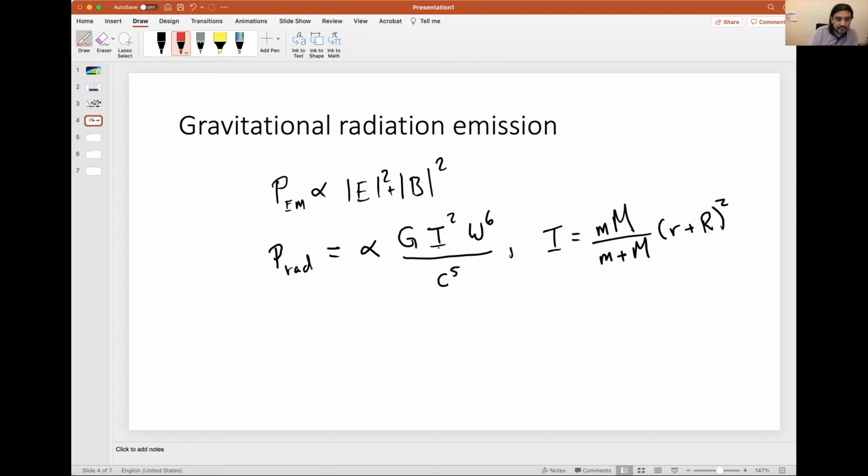So the only one that we cannot get from Newtonian physics is this constant; for this, you do need general relativity. And general relativity tells us that this is equal to close to this value. Any questions?